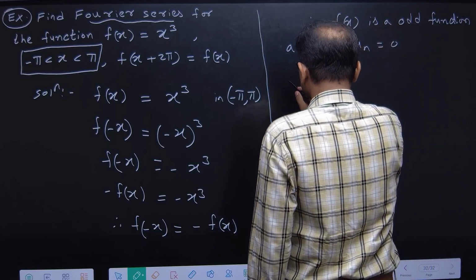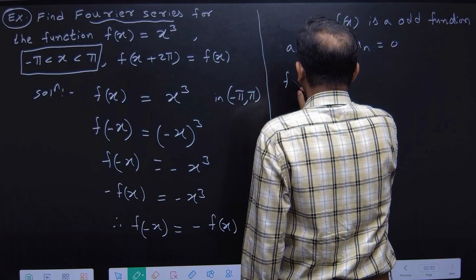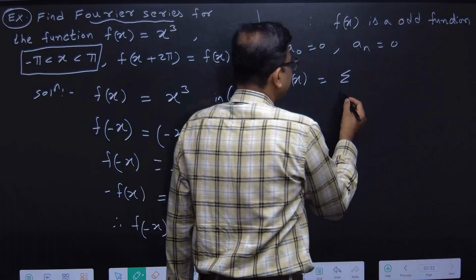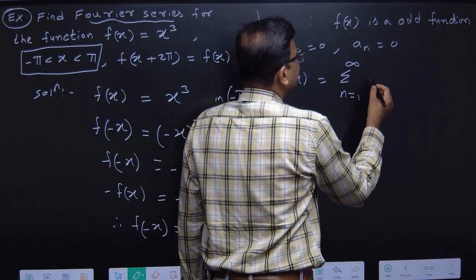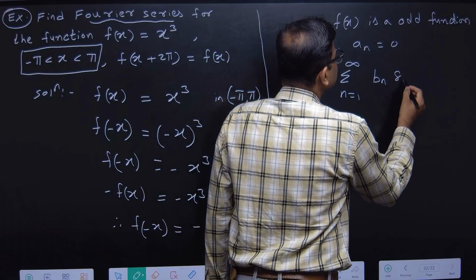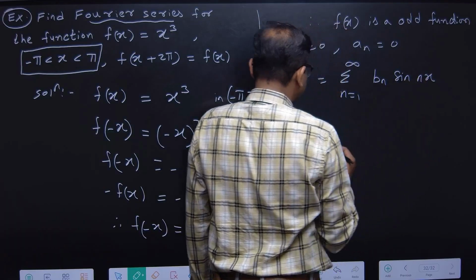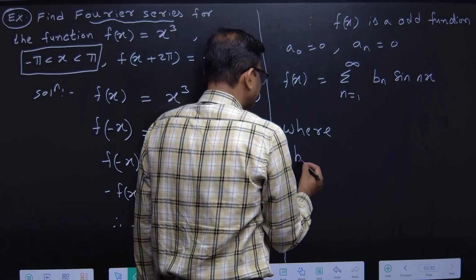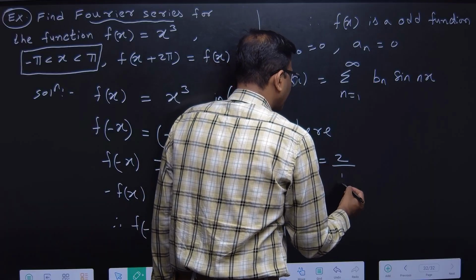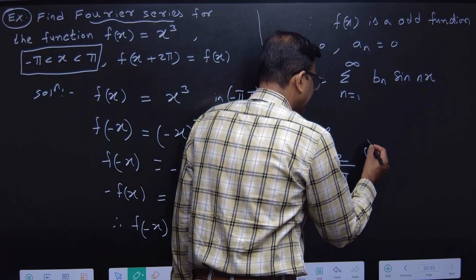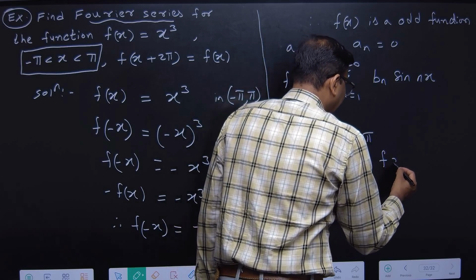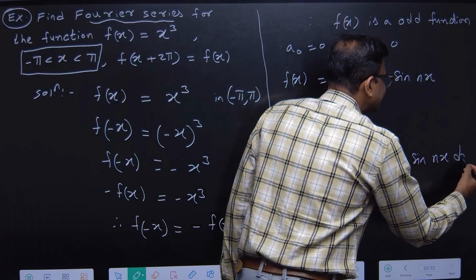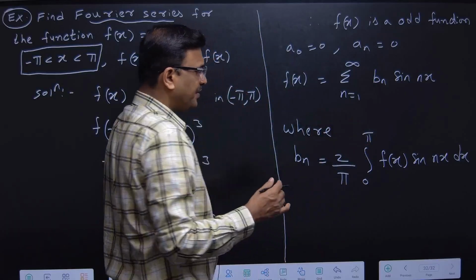The Fourier series is given by f of x equal to summation n equal to 1 to infinity Bn into sine of nx, where Bn can be found using the formula 2 upon pi integration 0 to pi f of x into sine of nx dx. This is the formula to find Bn.